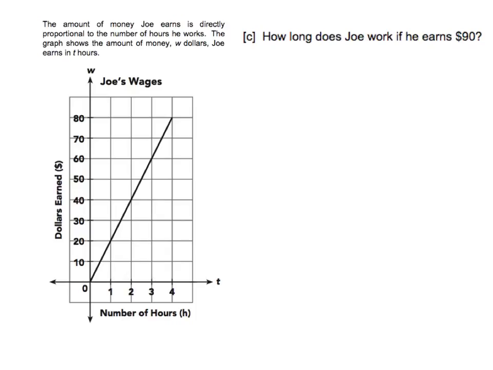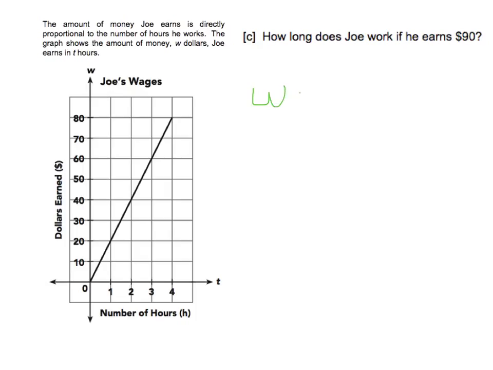For the next one, how long does Joe work if he earns $90? So this one's interesting. We have to write our equation here. It would be nice if 90 was located on our graph, then we could just go backwards. But it is not. So what we're going to do is write our direct proportion.